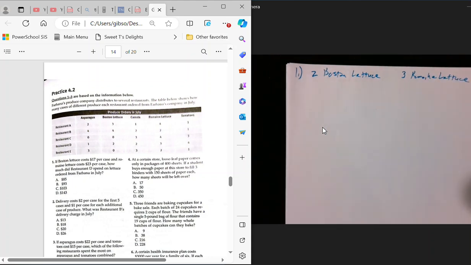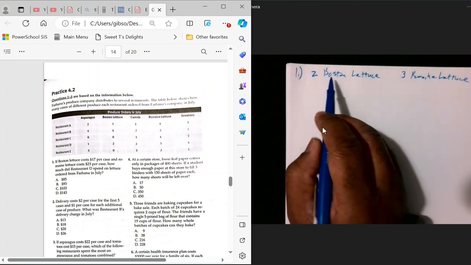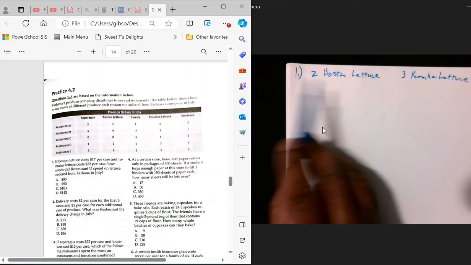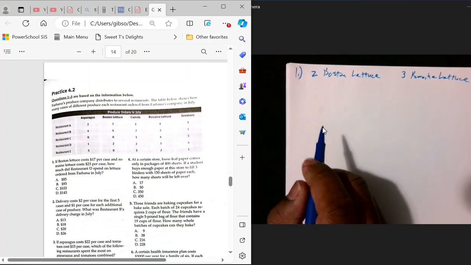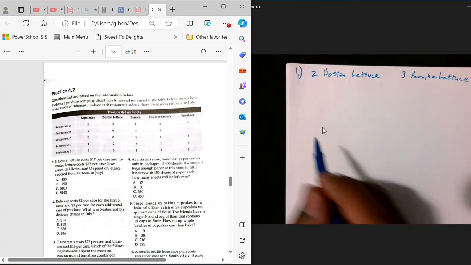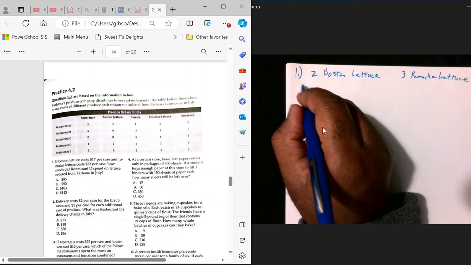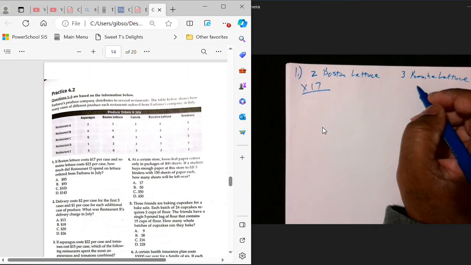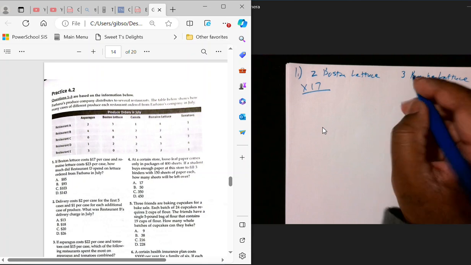The next thing we would do is this: 2 for the Boston lettuce. We're told that it costs $17 per case, so we would take 2 times 17, and then for the romaine, it is $23 per case.